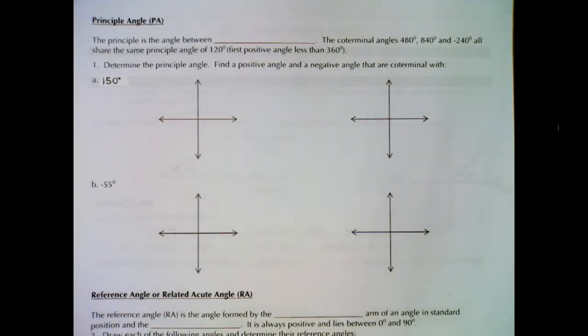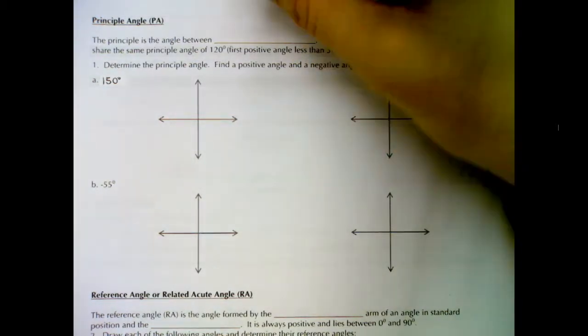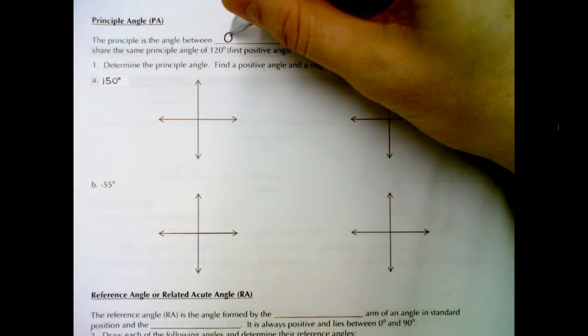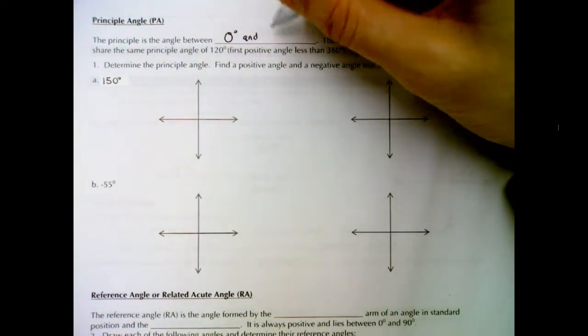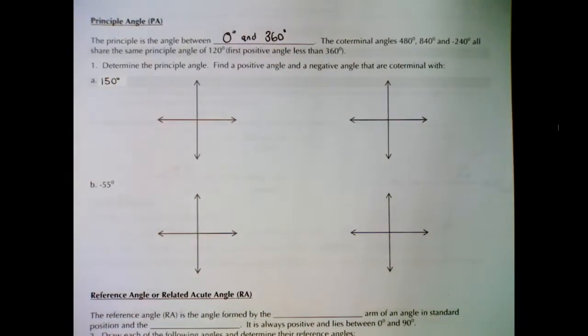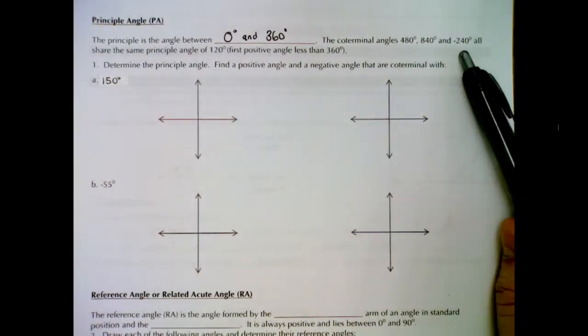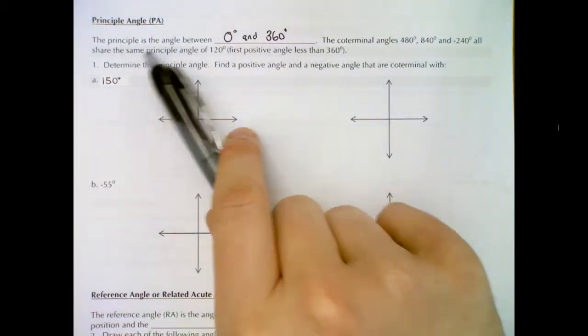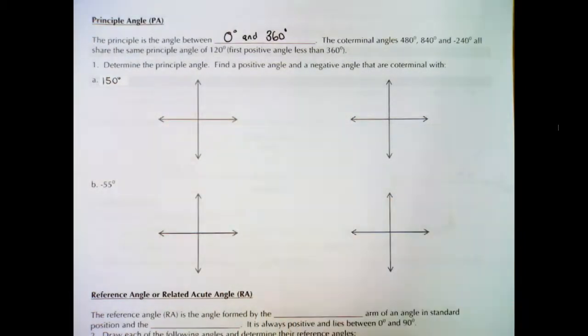Principal angle. The principal angle is the angle between 0 and 360 degrees. The coterminal angles 480, 840, and negative 240 all share the same principal angle of 120 degrees.